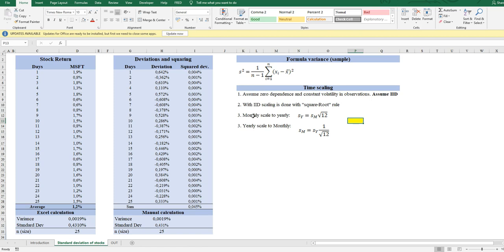So same distribution on all, in this case with Microsoft, all days, and the outcomes, the returns, don't have a dependent structure. So this is how we can infer another time scaling or another time measure of the standard deviation, by assuming the IID.